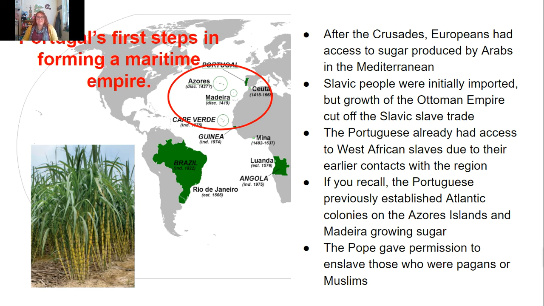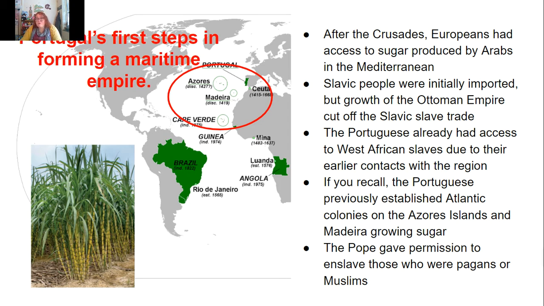That's how that works, right? The Portuguese already had access to West African slaves due to their early contacts from their initial exploration. If you recall, the Portuguese previously established Atlantic colonies, the Azores Islands and Madeira. Both were known for growing sugar.